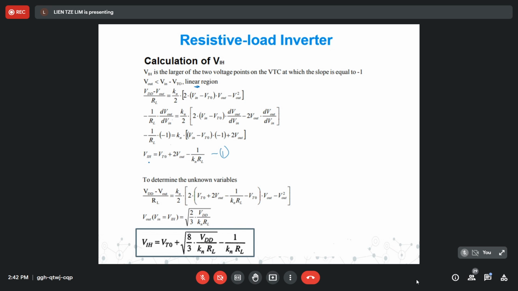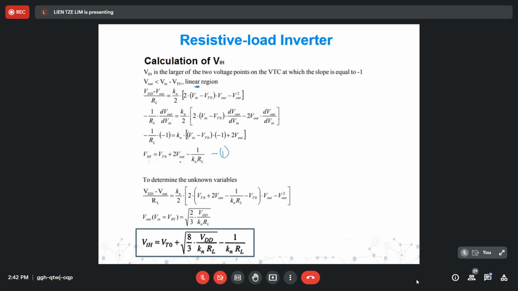But this formula can further be represented without the Vout. What I mean is, you see this formula, VIH equals VTO plus 2 Vout minus 1 over KNRL, right?